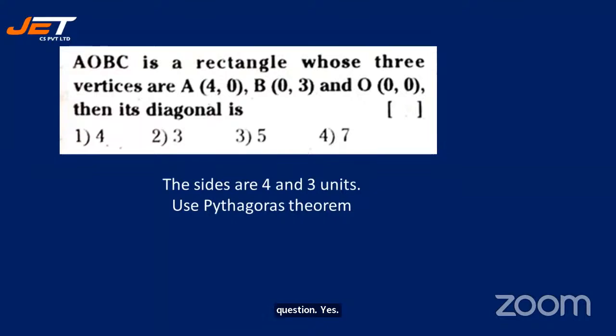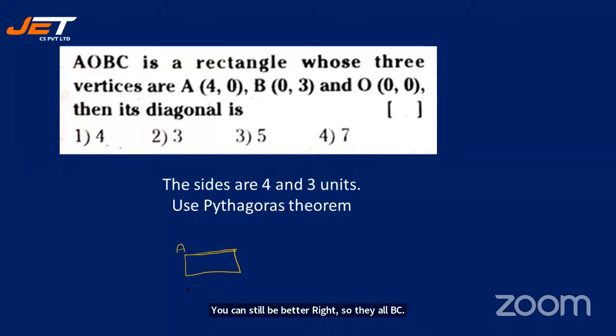AOBC is a rectangle whose 3 vertices are A 4, 0, B 0, 3, and O 0, 0. Then its diagonal is dash. Yes, give me the answers. By then, let me draw the diagram for you. So we have a rectangle, AOBC.